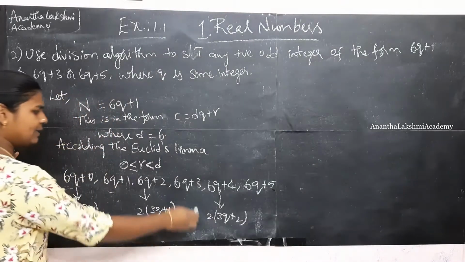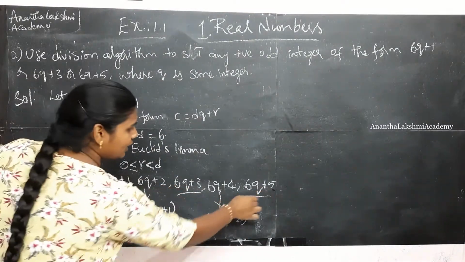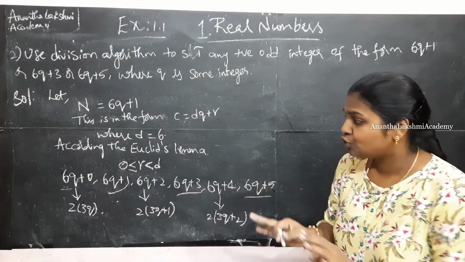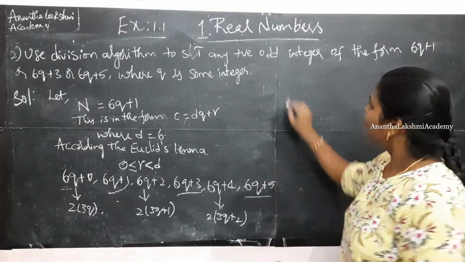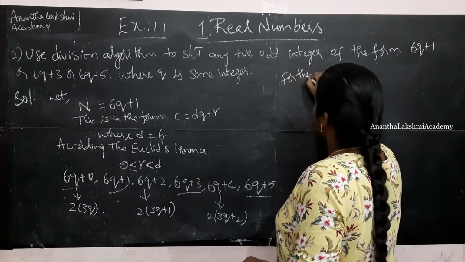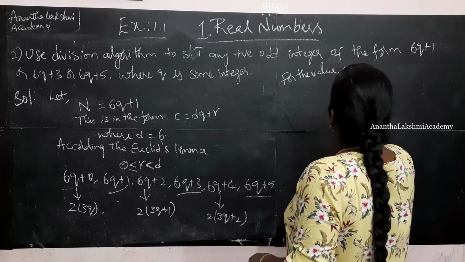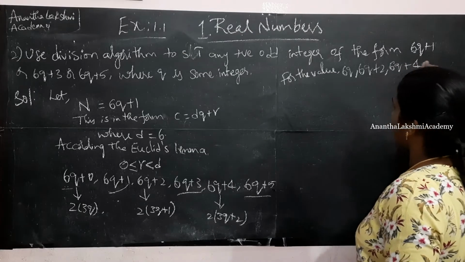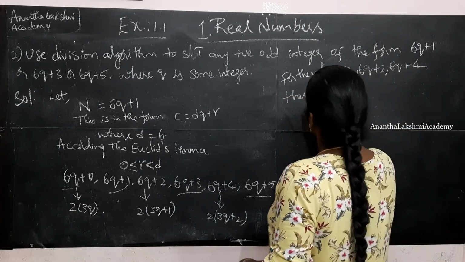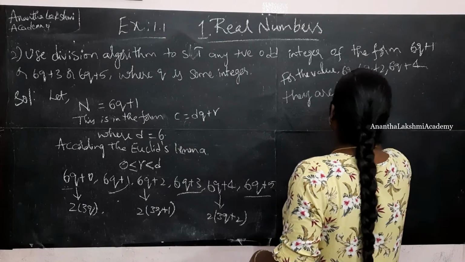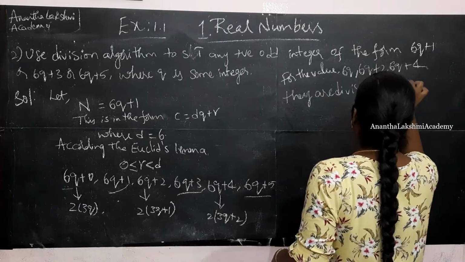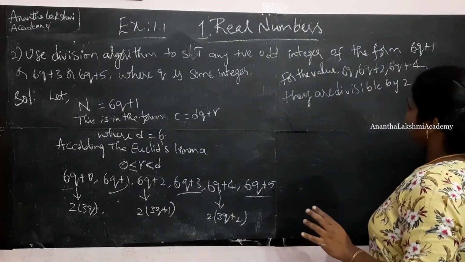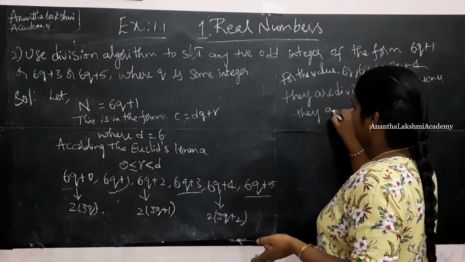So these values are divisible by 2, hence they are not odd, they are even.